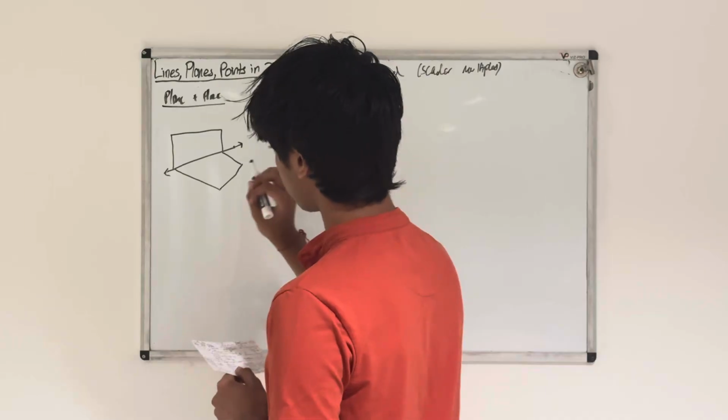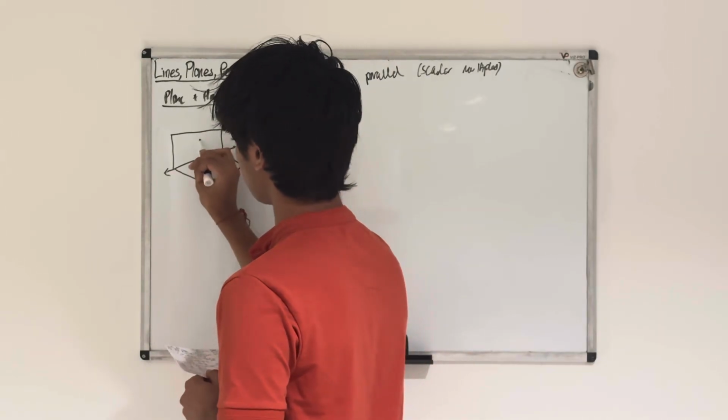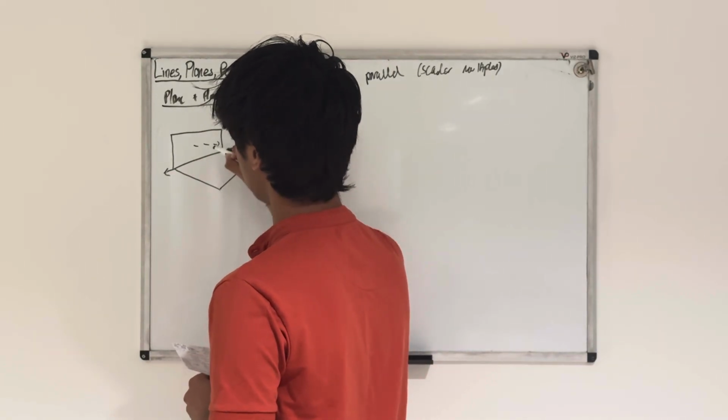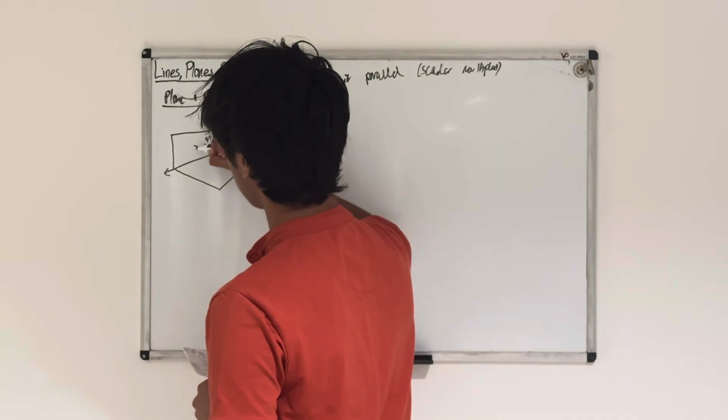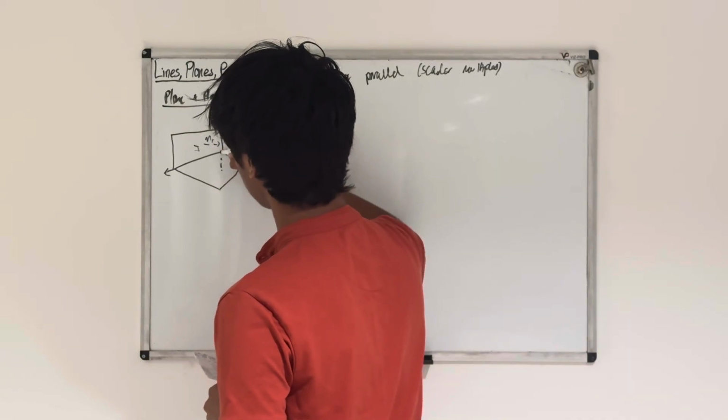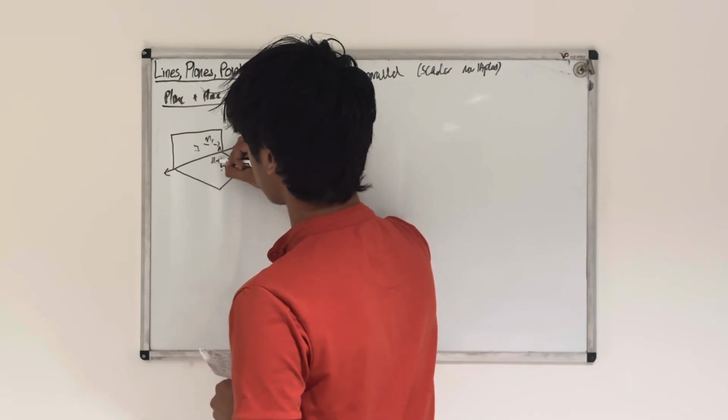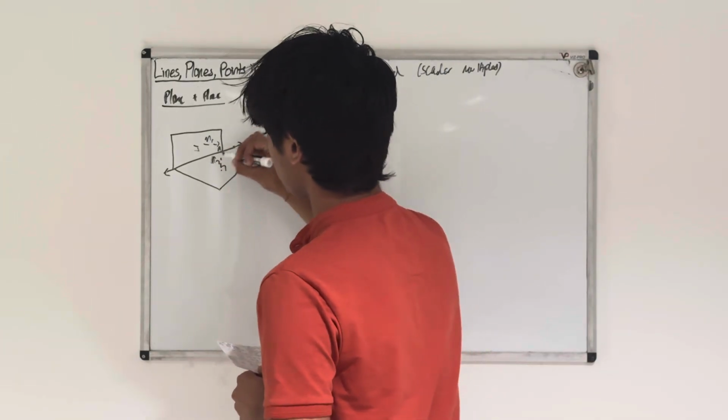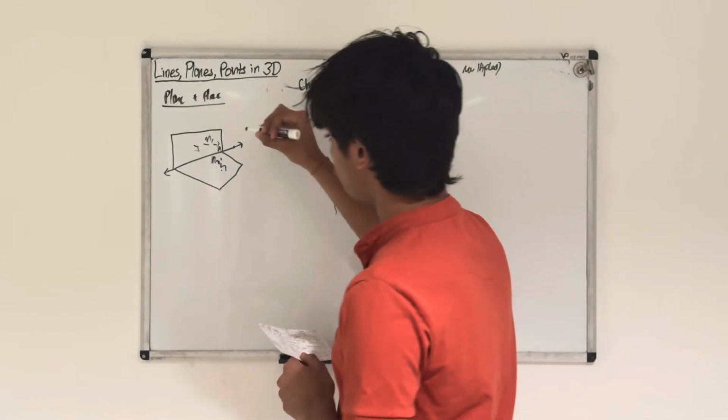Next, if we have these two planes, first things first is we take the normal vectors of the planes. Call this normal 1, call this normal 2. If we take the cross product, we get a vector that is perpendicular to these normal vectors.